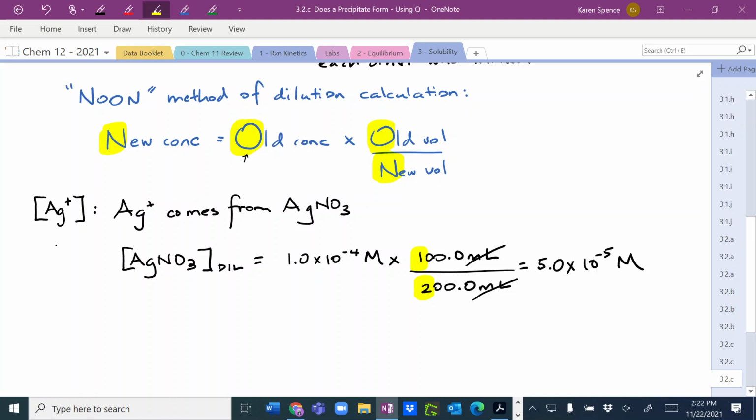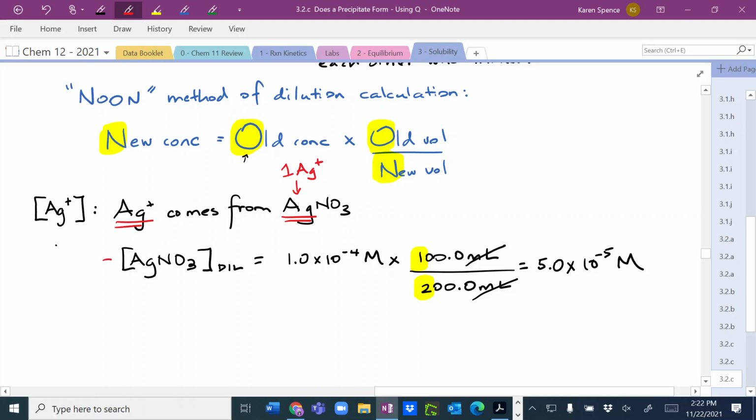All right, so there's my silver. I'm going to put a box around that, or actually that's my silver nitrate. What can you say about the concentration of silver compared to silver nitrate? They're the same because there is only one Ag plus in silver nitrate.